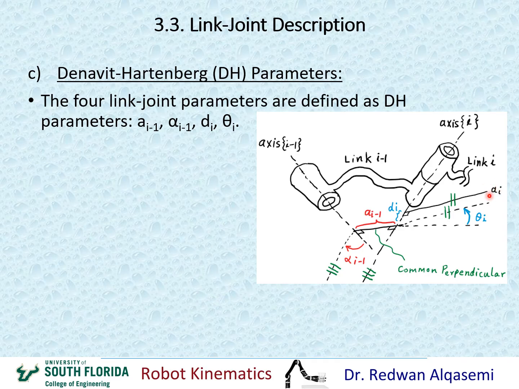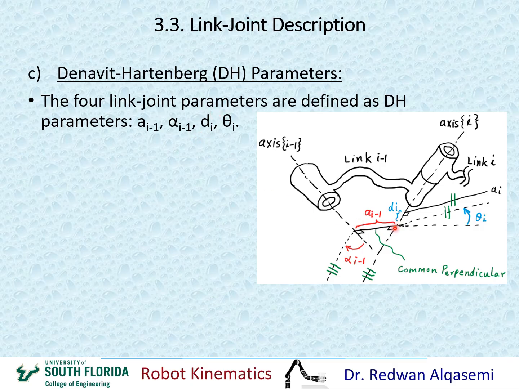So let's call this a_i, for example. Now, the distance between this common perpendicular line that has a_{i-1} and this common perpendicular line that has a_i, that distance along this axis i would be d_i. So that would be a joint parameter, d_i.